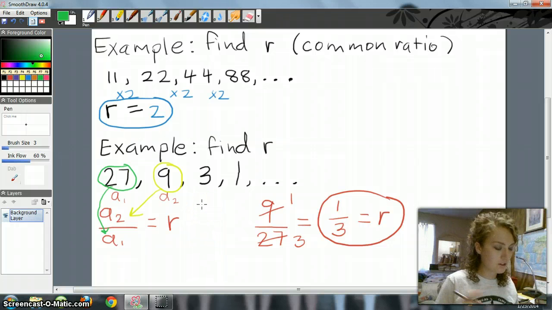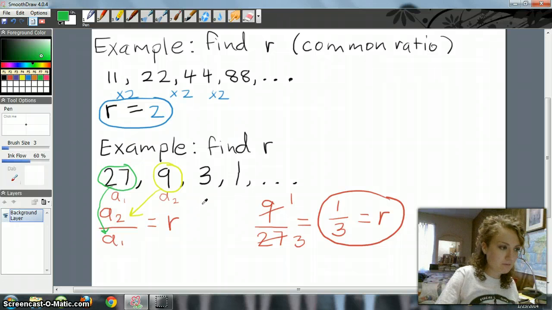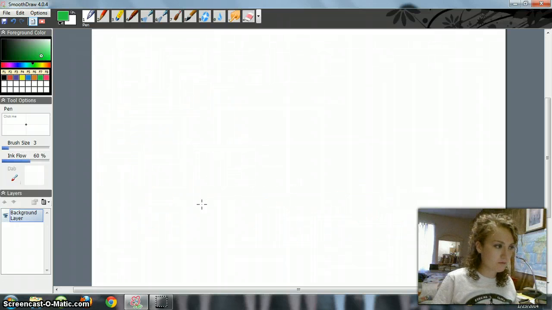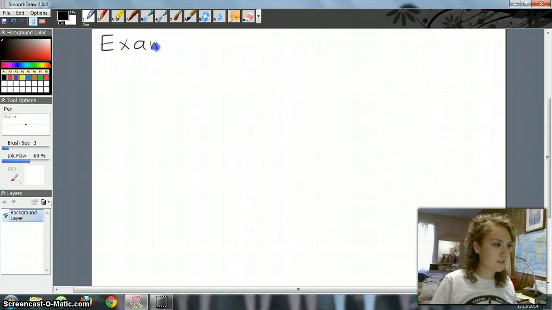Okay, we're going to do one more type of problem, and then I feel like you'll have a good background with geometric sequences. Okay, what if we had a problem that said this?